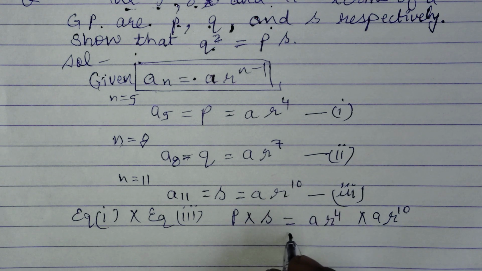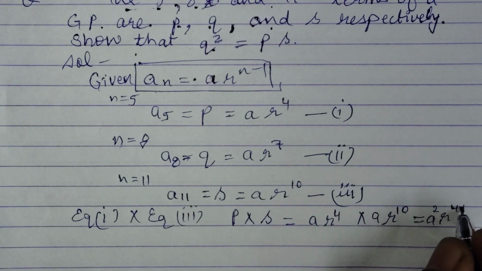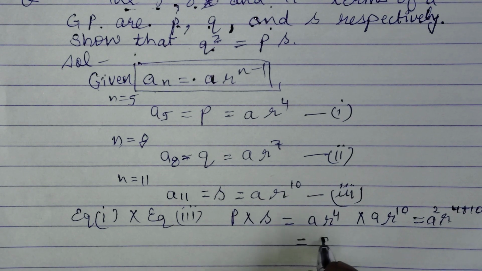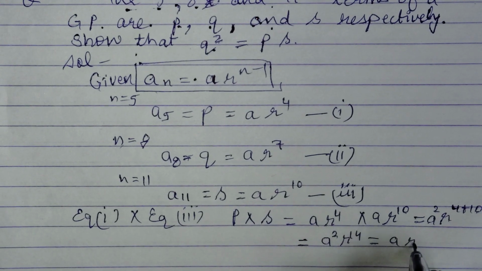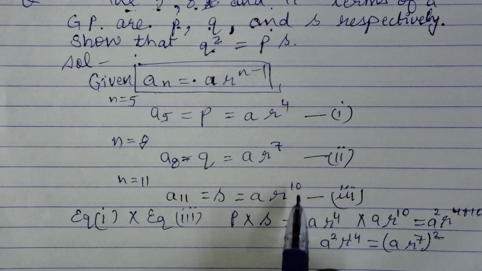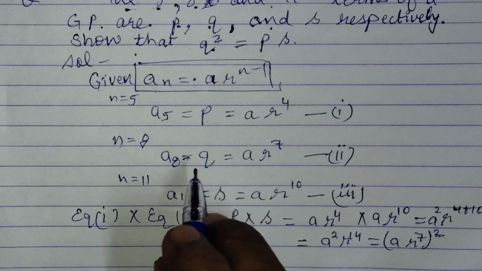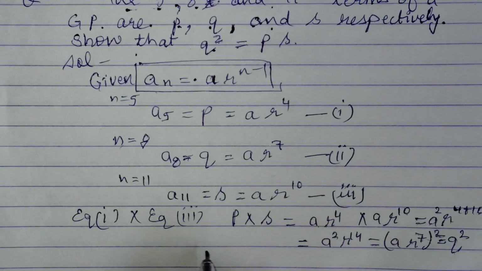So a into a gives a square, and r power 4 into r power 10 gives r power 4 plus 10, so r power 14. So a square r power 14 can be further written as (a r power 7) whole square. And a r power 7 is the second equation, which is Q, so it becomes Q square.